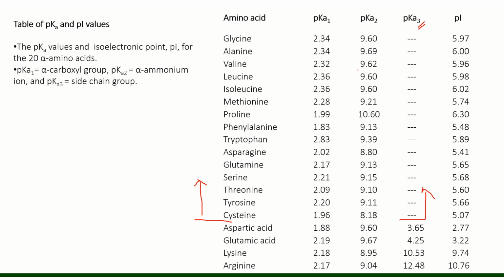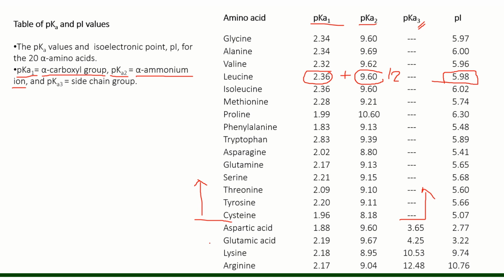So all you got to do to calculate the isoelectric point is just add the pKa of the acid group and the pKa of the ammonium group, divided by 2. And here you get 5.98 for leucine.